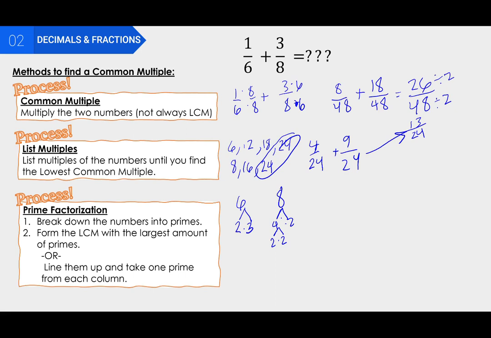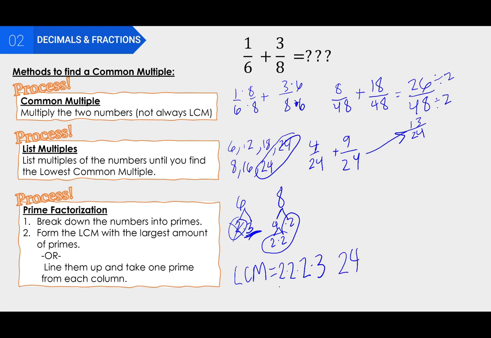Okay, broke them down. Form the lowest common multiple with the largest amount of primes from each one. So let's see. 2 is prime, but on 8 there are actually 3 2s, so we're going to use the biggest number of 2s. And then 3 shows up right there. We don't need the 4 because remember the 4 is not a prime. So if we multiply all those 4 numbers together, we get the lowest common multiple.